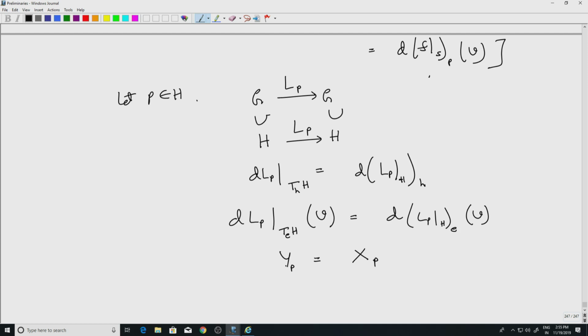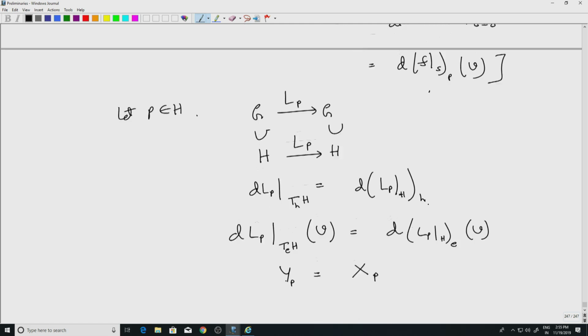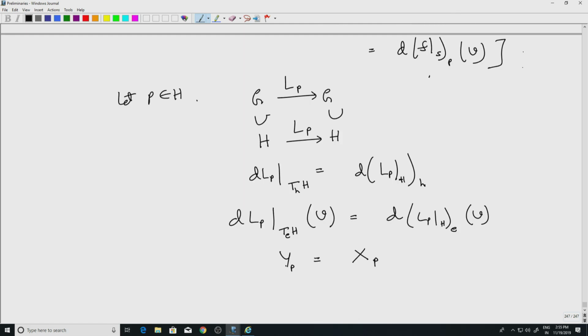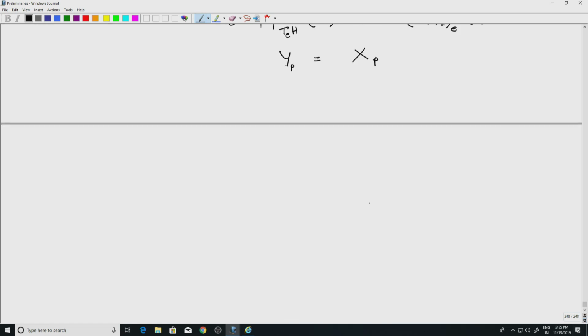So I'm just looking at left translation on H, starting with the vector V and pushing it all around the manifold by this derivative. So I get X_P. So that proves what we wanted. Hence, this completes a proof of the small lemma.